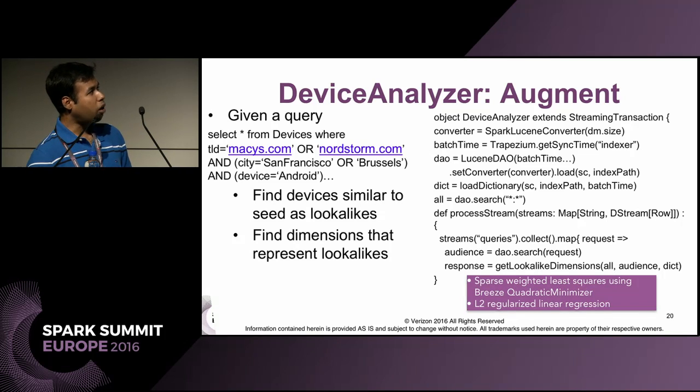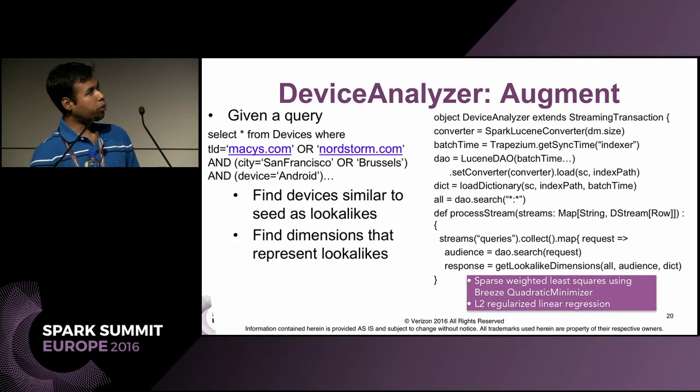In this problem, we want to find the devices which are similar to this seed. Because we have all the data with us, from all the data, we want to find devices similar to the seed. This is known as a look-alike. Find the look-alikes to the device, and then you also have to find the dimensions which represent the look-alike.